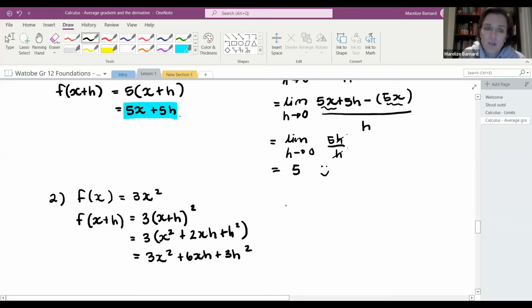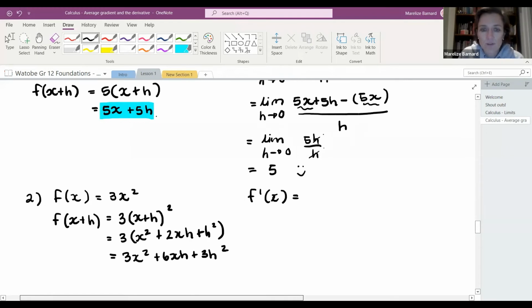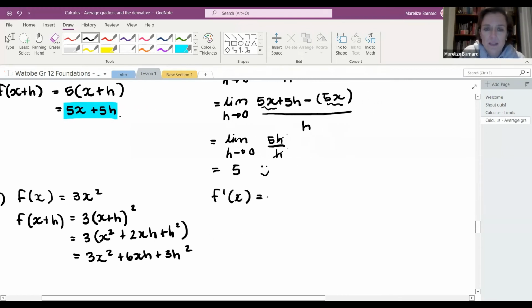Okay, now we can't go further, so we can go to our formula and write f dash x, or the derivative of f, is the limit as h tends to 0 of f of x plus h minus f of x over h. Okay.